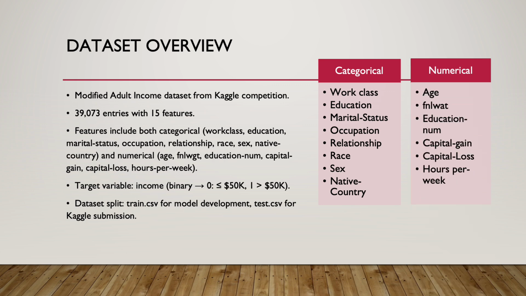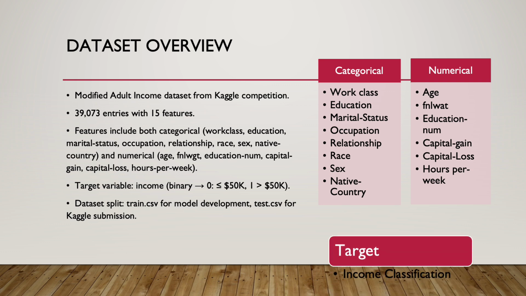Numerical features include age, fnlwgt, which is final weight. In other words, this is the number of people the census believes the entry represents. Education level as a number, capital gain, capital loss, and hours worked per week.